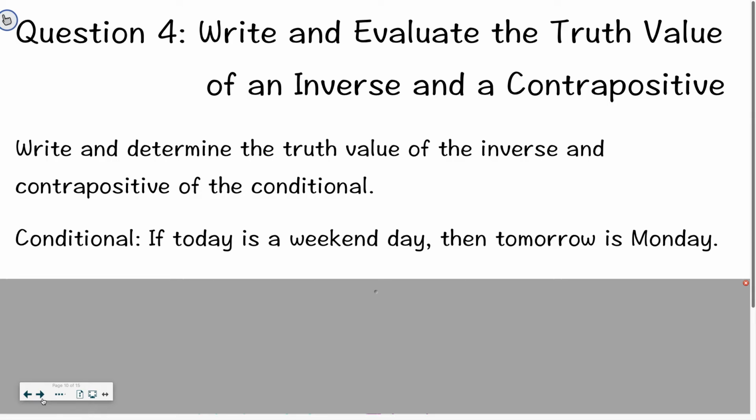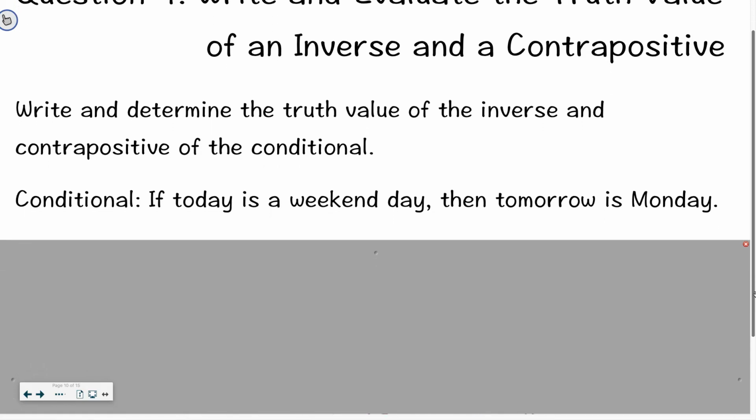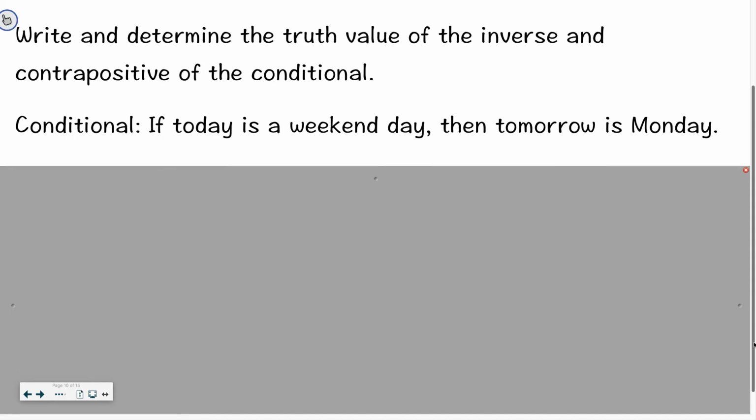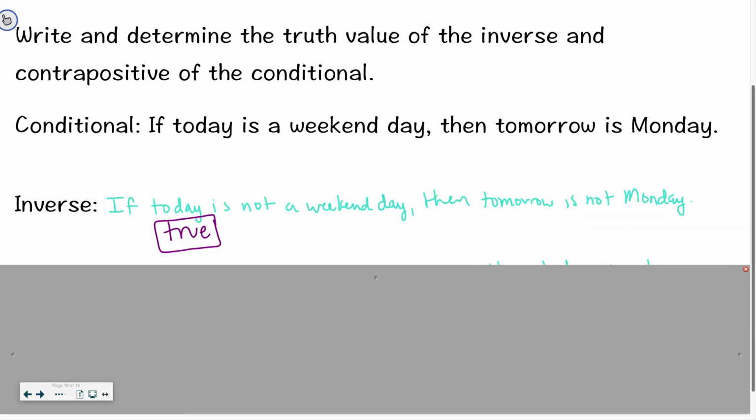All right, so let's now look at question number 4. I want you guys to come up with the inverse and the contrapositive statements as well as the truth values for each. Okay, so hopefully for the inverse, you remembered you keep the order the same but you negate it. So if today is not a weekend day, then tomorrow is not Monday.